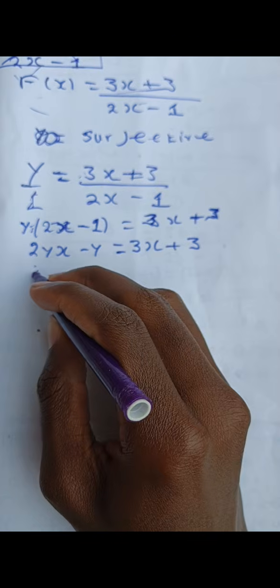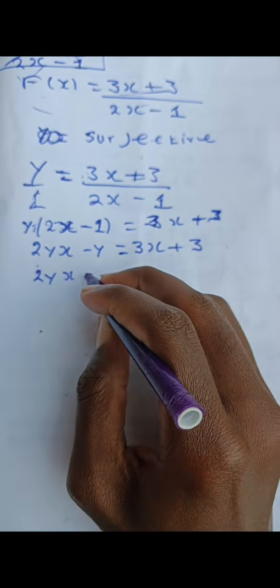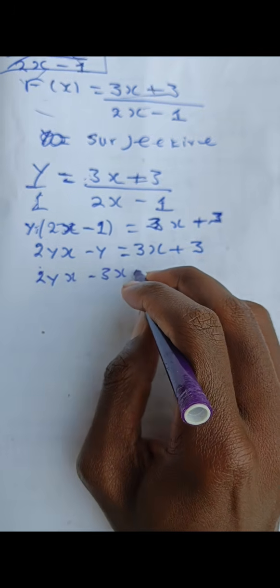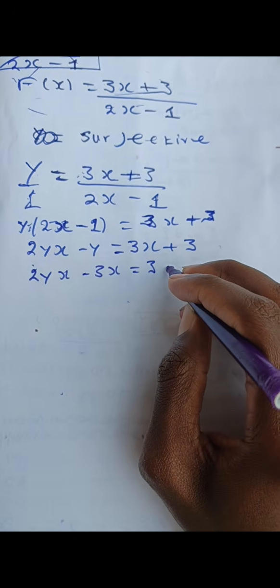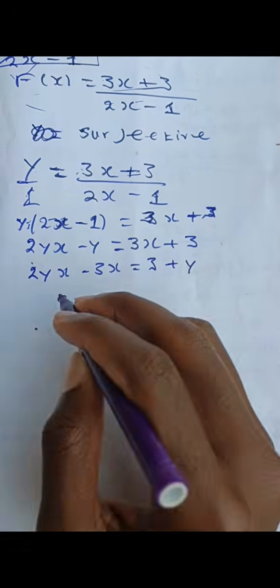So what I'm going to do is gather everything that is having x in it and put it on the left side. Anything that is not having x, I'll put on the right-hand side. So I'm going to say 2yx minus 3x is equal to 3 plus y.